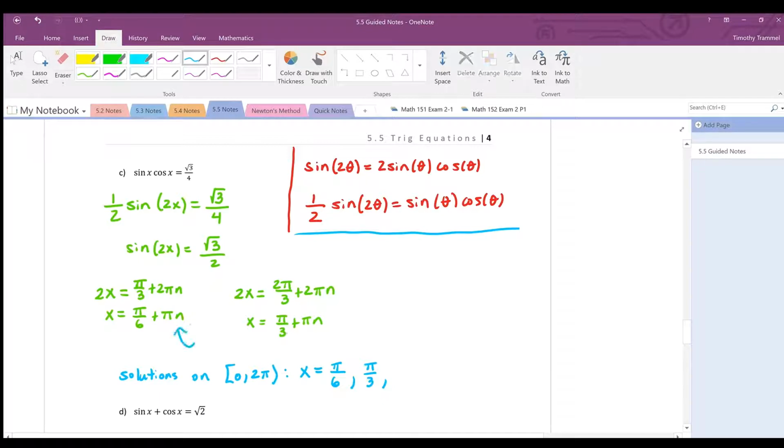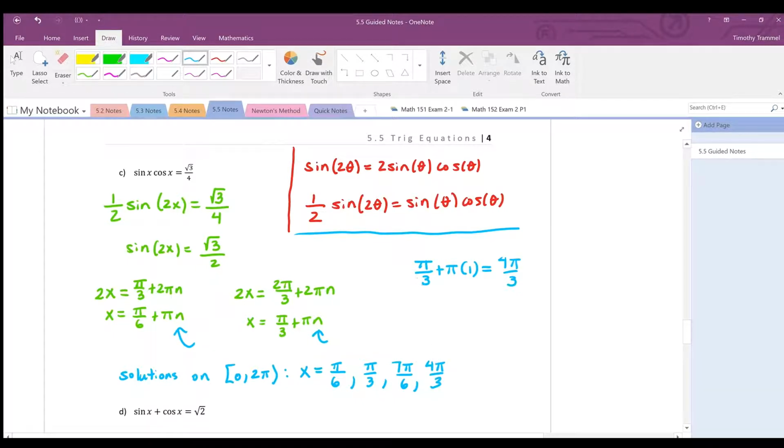If we were to plug in n equals 1, for this first one, we'd have pi over 6 plus pi, which is 7 pi over 6. And if we were to plug in n equals 1 into the other formula, we'd have pi over 3 plus pi times 1. And when we add these together, we get 4 pi over 3.